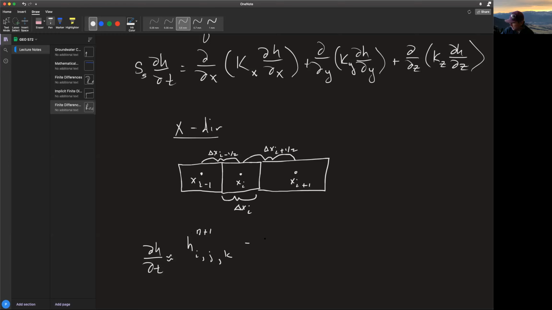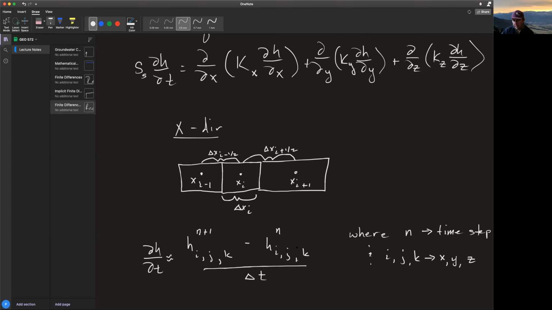Here n is my time step, and i, j, k are my x, y, and z indices.